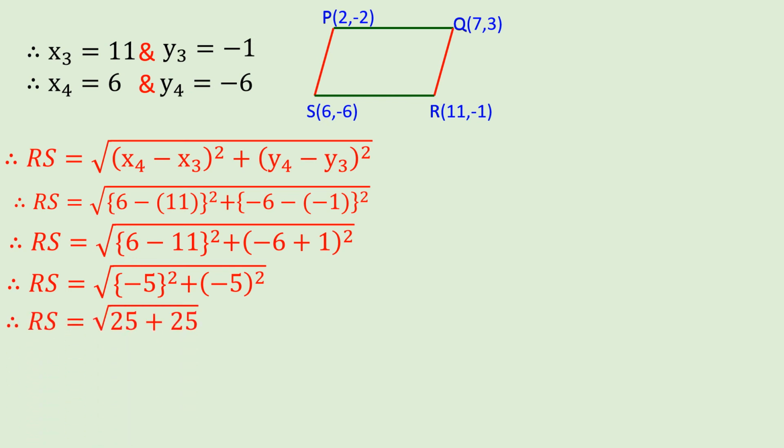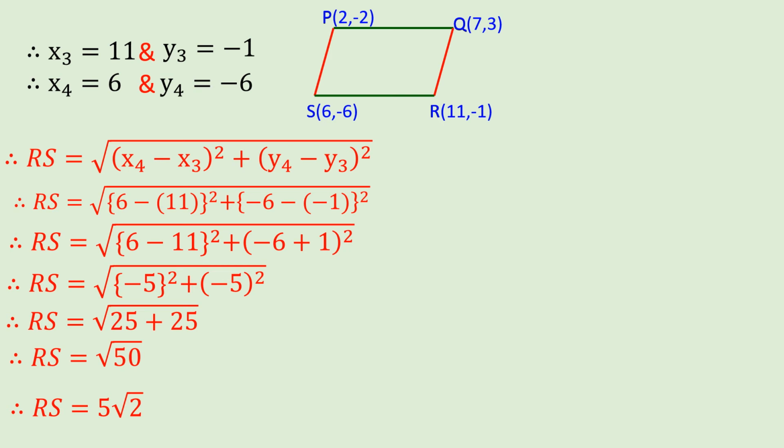As you know, the square of a negative number also becomes positive. So RS will be root of 25 plus 25, therefore RS equals root 50, and RS equals 5 root 2 in mixed surd form.